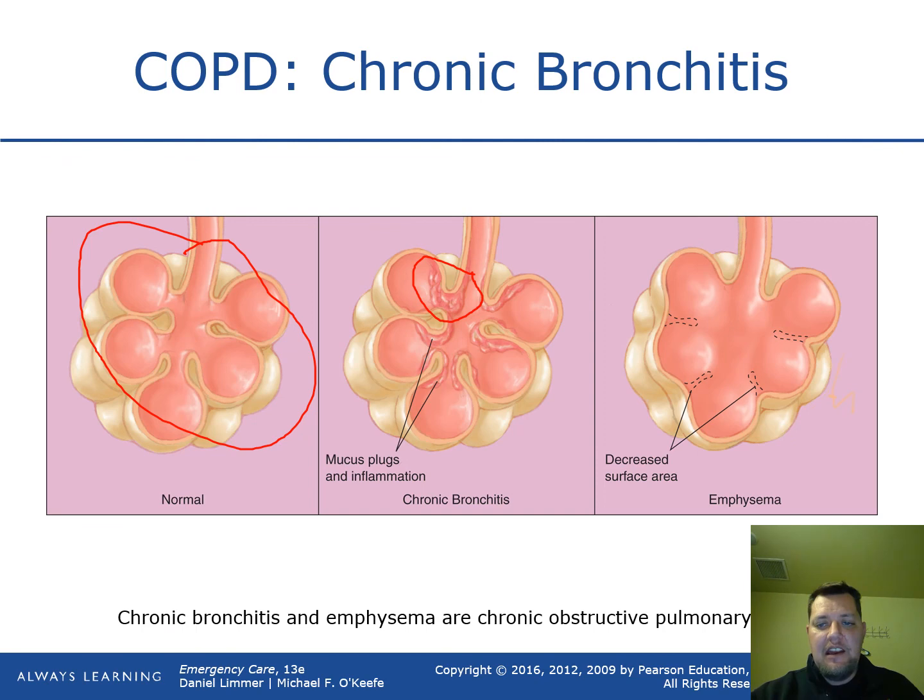And then in emphysema, instead of the mucus forming, we have decreased surface area in the alveoli, which means that if you don't have the space in the alveoli to get rid of the carbon dioxide and make the exchange for oxygenation, then you'll have problems later on down the road. Okay.